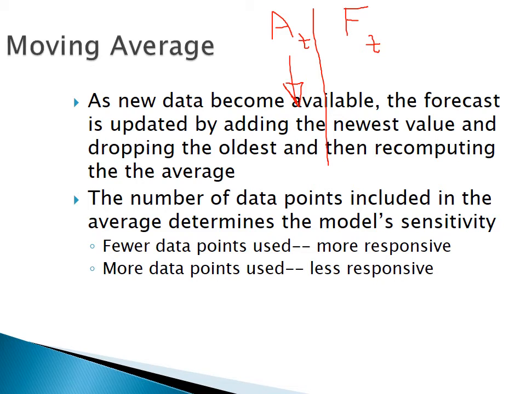Once we keep on getting that actual information, the forecast is done based on the current records. If there is less data, it is more responsive, that is, it changes frequently. If we have more data, it is less responsive. You can try out this averaging with a bigger amount of data and a smaller amount of data.